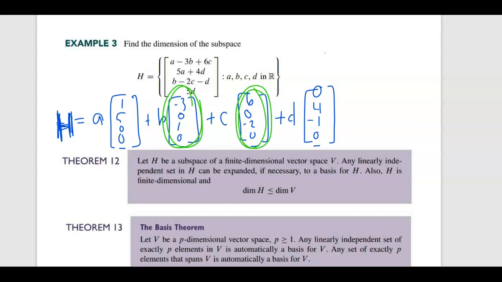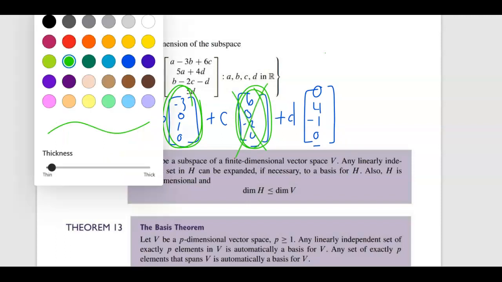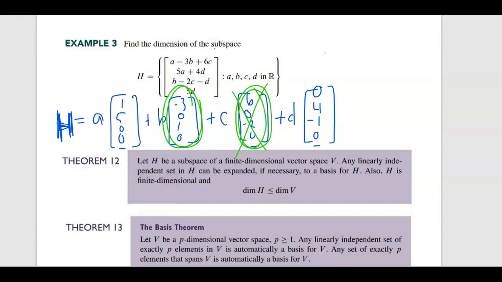So we check that, and there's no way for us to get here. Therefore, this one would no longer be counted in our basis. And so our dimension of H must be 3.